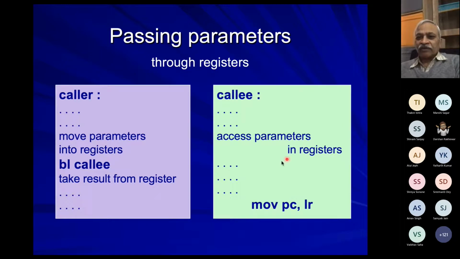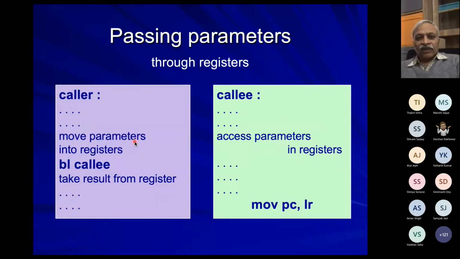Callee is the part of the program which is being called. So in the caller, let's say here is the call, BL to callee. Now, before you do that, you would move the parameters into some registers. And within callee, you can access the parameters from those registers.